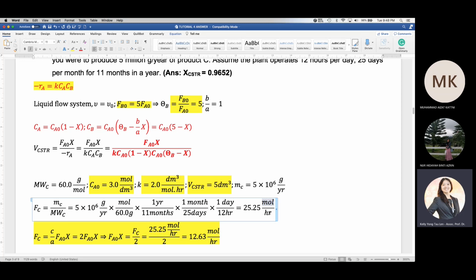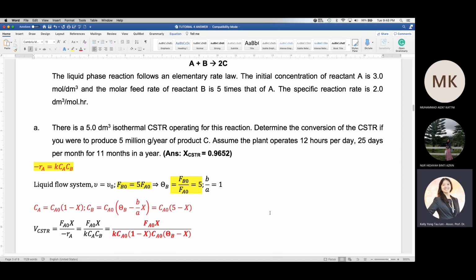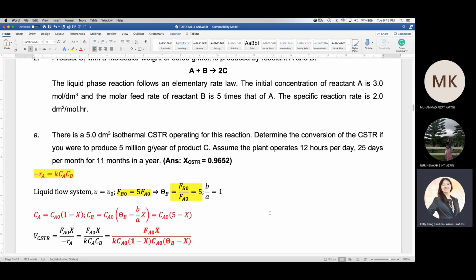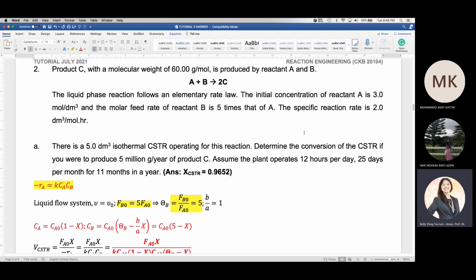Unit time pun ada masalah sikit sebab unit time ni banyak jenis. Okay, you know we have second, hour, year, month, so on and so forth. How do we know unit time apa yang kita nak guna? Kalau saya tengok dalam soalan ni, the only information yang menggunakan unit time adalah nilai K. Kalau kamu perasan nilai K ni, unit time dia adalah hour.